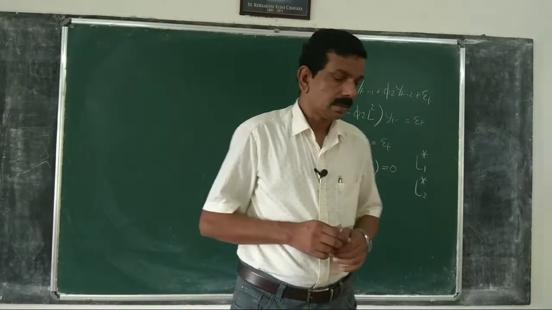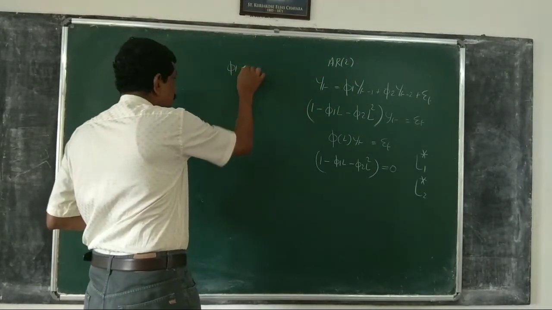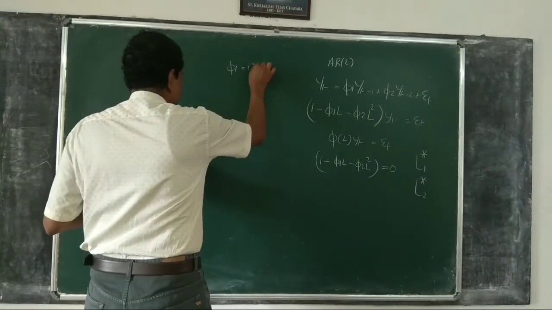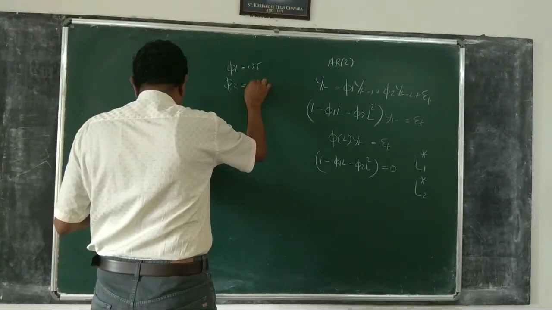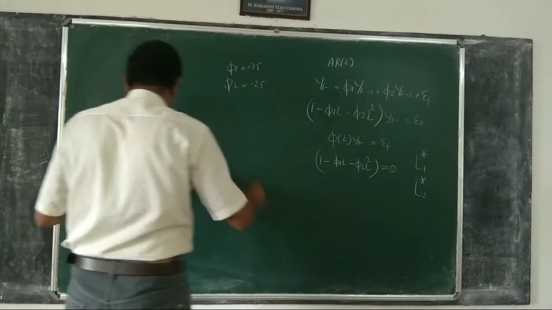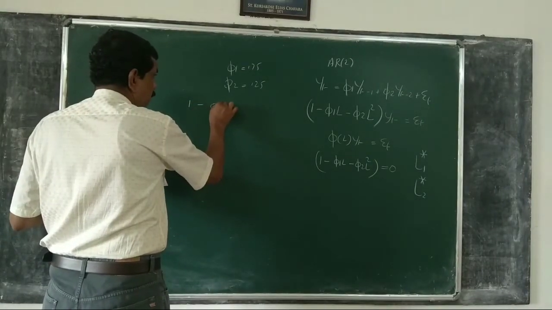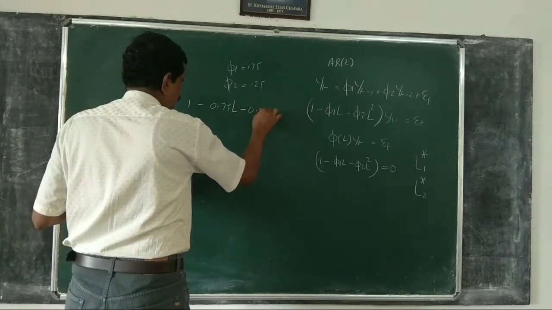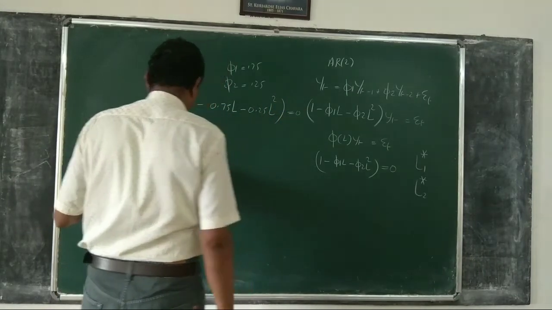Now, let us consider a case in which phi1 is equal to 0.75 and phi2 is equal to 0.25. Substituting the values, you will get 1 minus 0.75 L minus 0.25 L squared equated to 0.